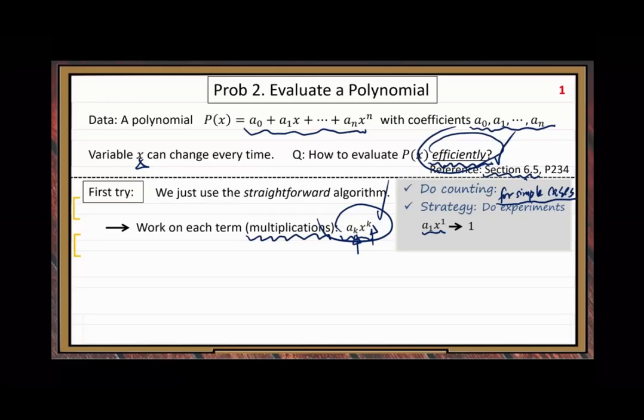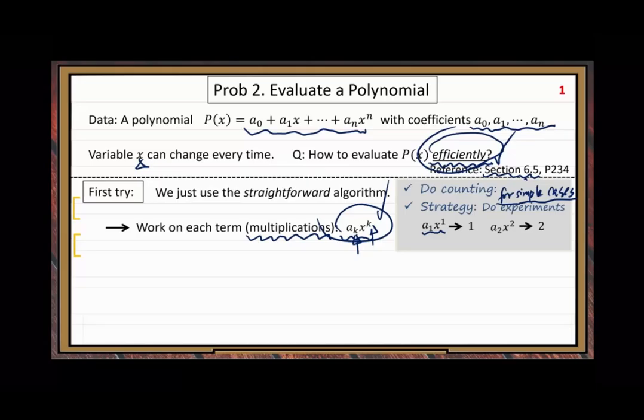Let's do another experiment. a2 times x squared. You need one multiplication for a2 times x squared, but x squared needs another one. So in total you need 2 multiplications.